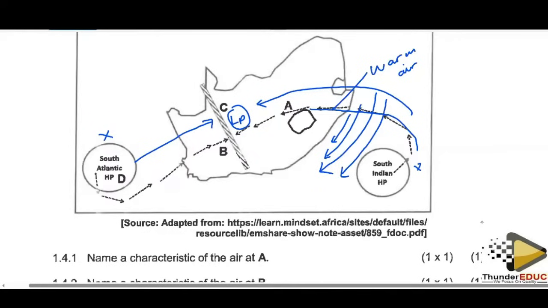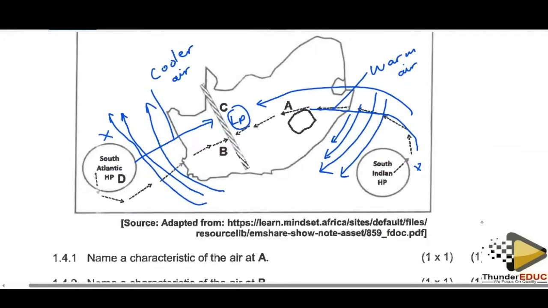All right. But on this other side, we have the Benguela currents blowing over this area, making this region a region of cooler conditions. So if air crosses over this point here, the air becomes cold, or you can refer to this as cooler air.